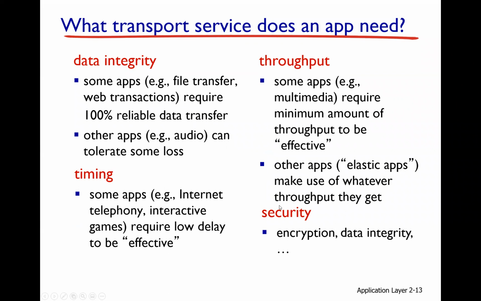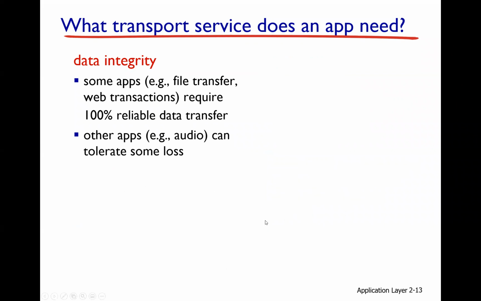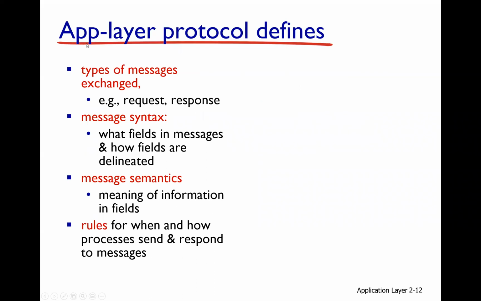Well, before we finish up today's lecture, there's one more thing I need to mention about the transport layer service, which is the layer below our application layer. Looking at what we covered previously, the application layer protocol defines the message type and message syntax.